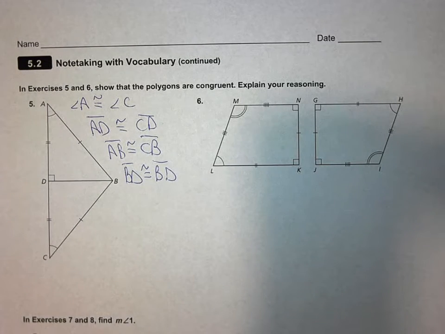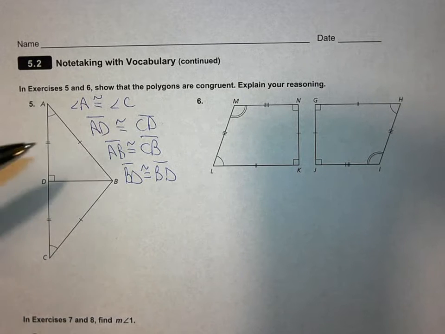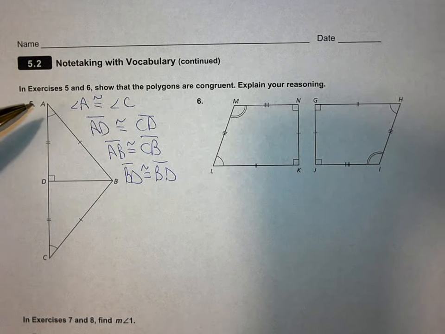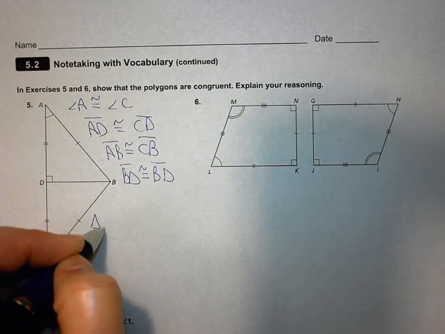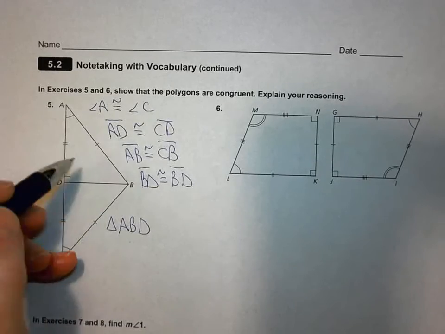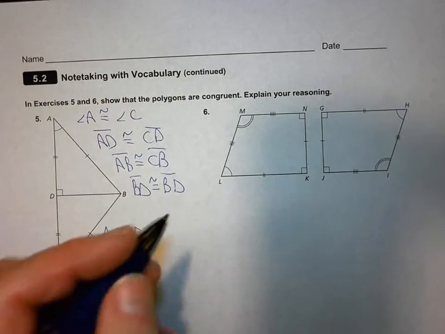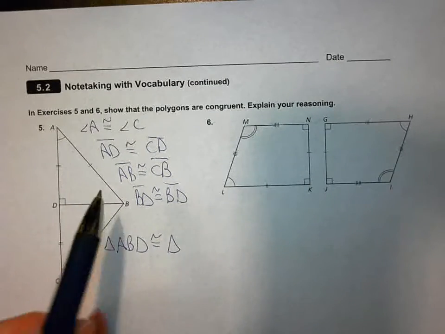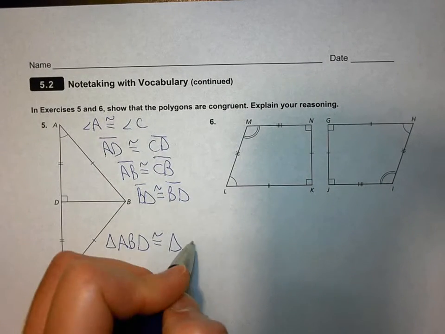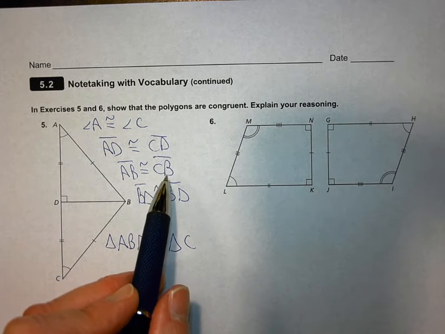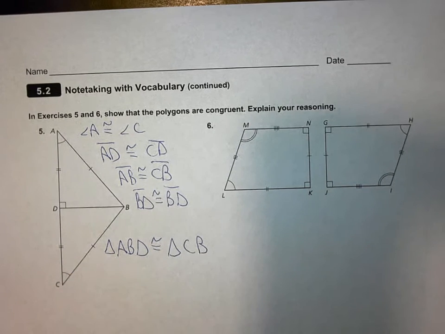So if we look at this, we know that if we walk around one triangle, okay, and again we can start anywhere, but we could say triangle ABD, so that would be this top one, and then if we want to write our second order triangle, we can look at what we know. We know that angle A is the same as C, so we have to start with C. We know side AB is the same as CB, so we have to go to CB.